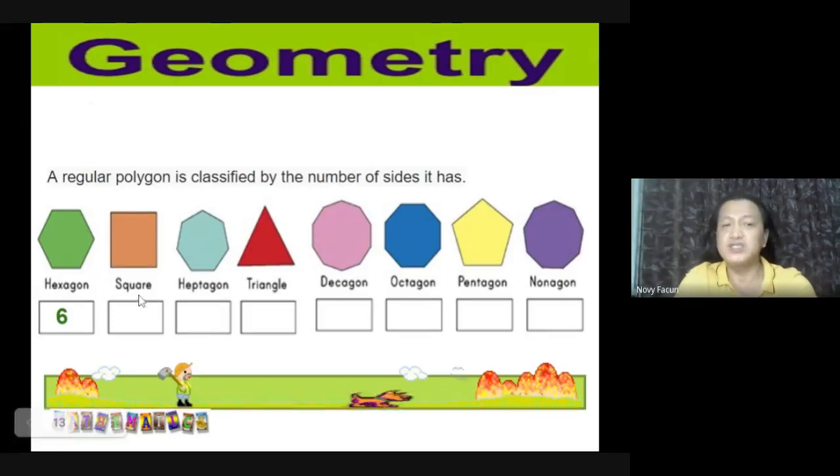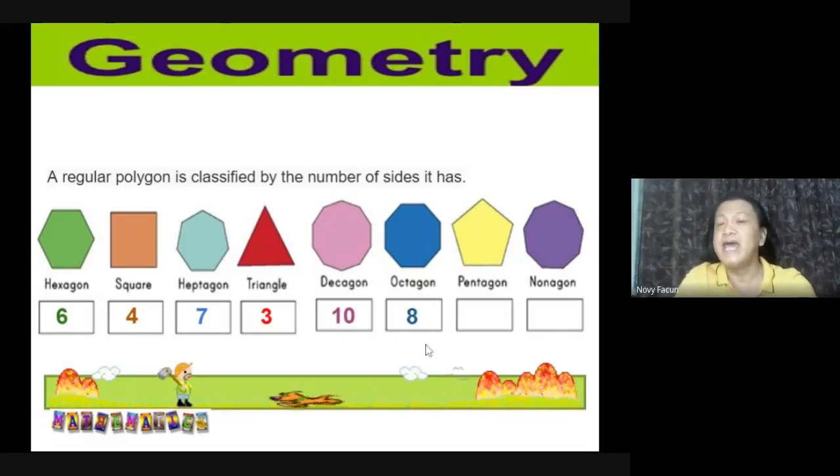Next, we have this square. So, that is 4 sides. For heptagon naman, there are 7 sides. For triangle, there are 3 sides. For decagon, okay, so we have 10 sides. Ito naman, for octagon, there are 8 sides. For pentagon, we have 5 sides. For nonagon, that is 9.